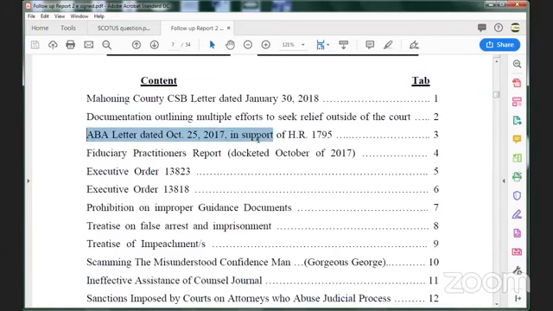houses of Congress. Right, the ABA letter of October 25th in support of HR 1795. That was the challenge against civil forfeiture, right? Even the ABA, which I have to admit kind of made me fall over, even the ABA challenged civil forfeiture as, okay, whoa, time out.